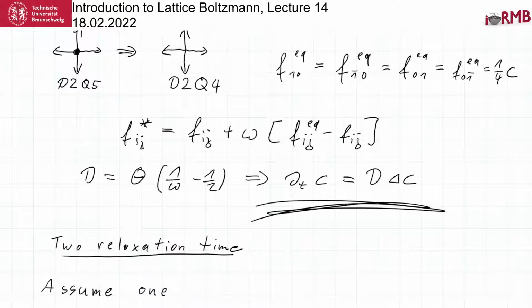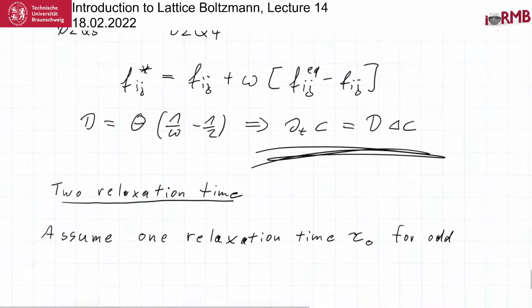So assume one relaxation time, tau odd, tau O, for odd moments.